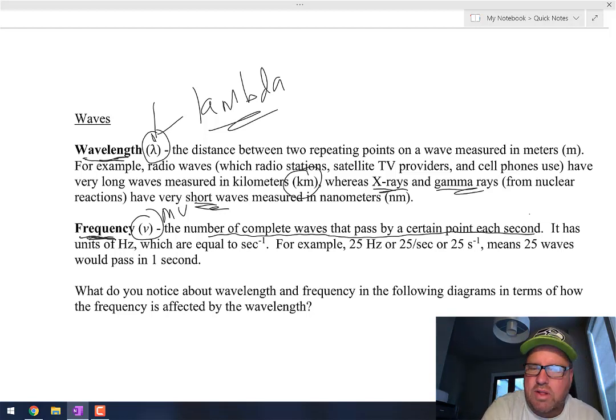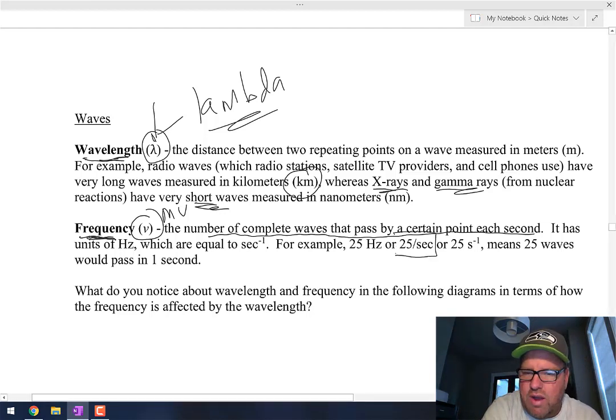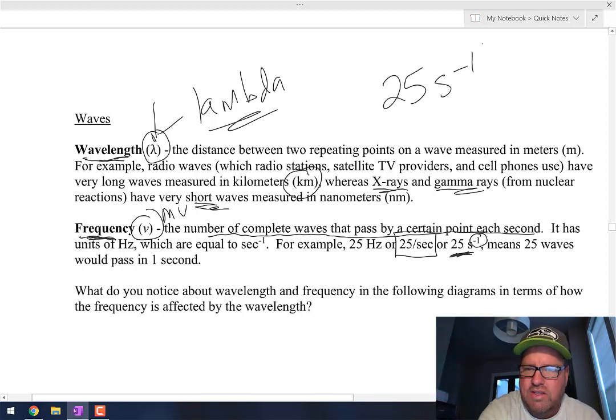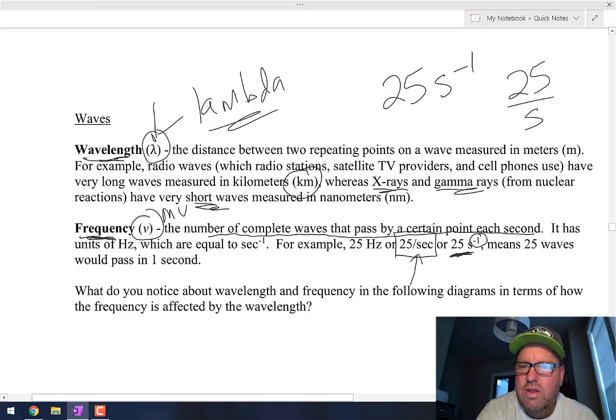Now, typically the way that we write that is we just write a number over seconds. Or another way to write it is seconds to the -1. I don't know if you remember from math, but anytime you have something that's to the -1, what it really means is it goes on the bottom. So if you have 25 s to the -1, that really means 25 over seconds, which is what is written right here.